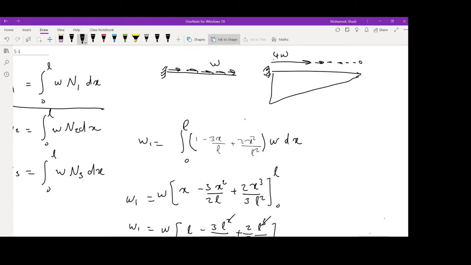If you have that, you can also use this concept of allocation according to the shape functions. This is correct for any type of load. Any kind of distributed load can be allocated in exactly the same way, just like what we did for the uniformly distributed load.